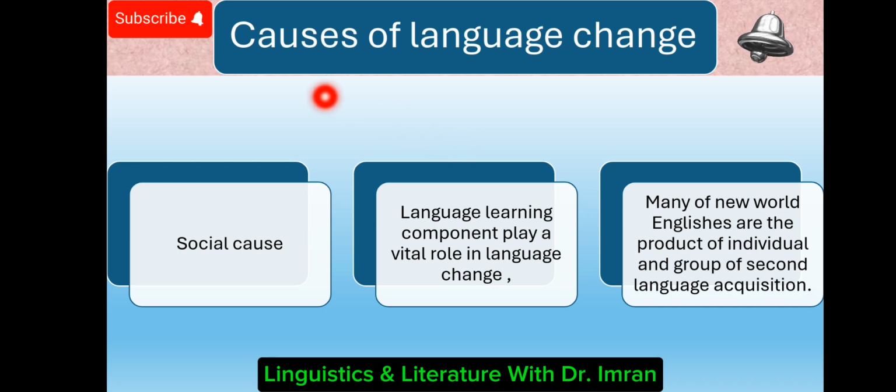Now, causes of language change. What are the causes of language change? The first cause of language change is the social cause. We have different classes in our society: upper class, middle class, lower class, working class, and then the educated class and the uneducated class.